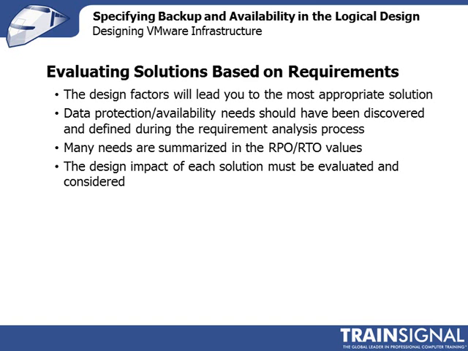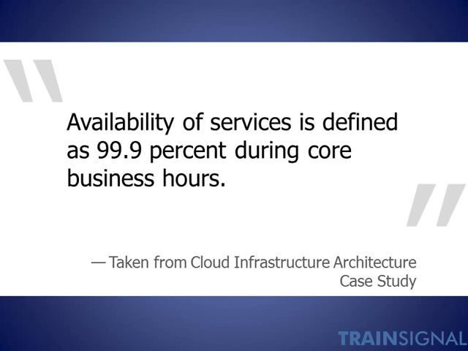Now let's take a look at an example of a design requirement and how we would go about evaluating solutions to help satisfy that requirement. This quote is one you'll probably recognize. It's taken from the table that I showed you just a few moments ago from the Cloud Infrastructure Architecture case study.